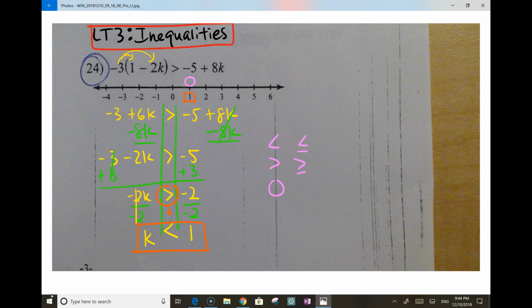Less or equal, greater or equal, you have a closed circle. The reason that you close it is due to the equality part built into the inequality itself. So that equality part allows you to include the number that the dot is sitting on. So in the absence of that equality, you have to leave that circle open.